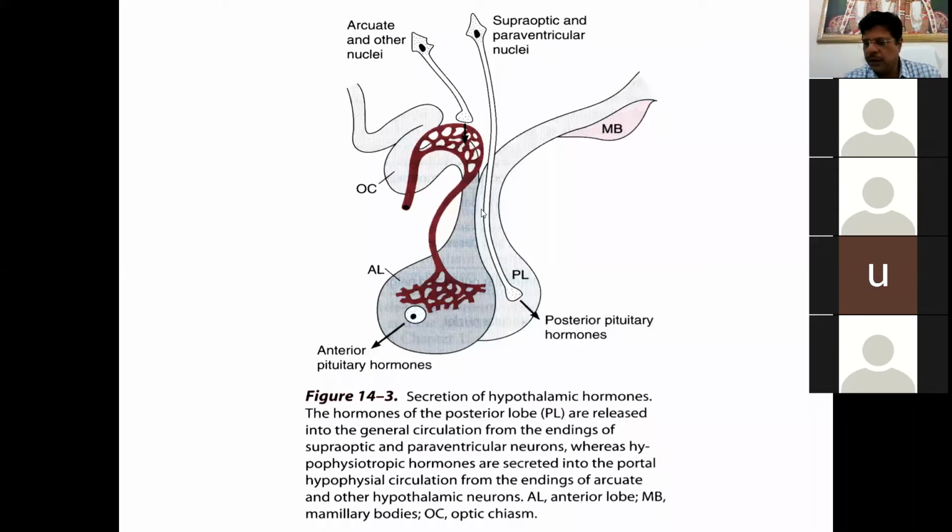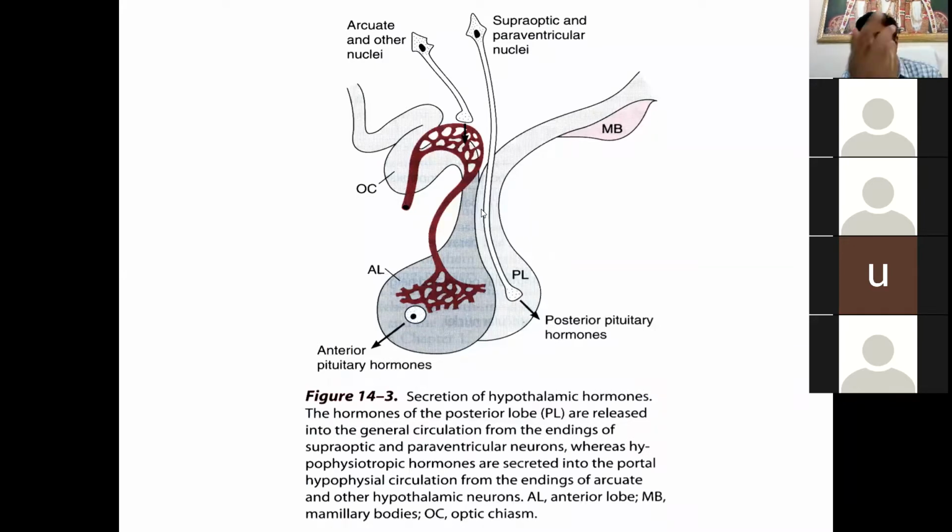So this compound POMC is called pro-opiomelanocortin. In the anterior lobe it is processed differently, and in the intermediate lobe it is processed differently. For example, in the anterior lobe of the pituitary, this POMC is processed to get ACTH, beta lipotropic hormone, and beta endorphin.